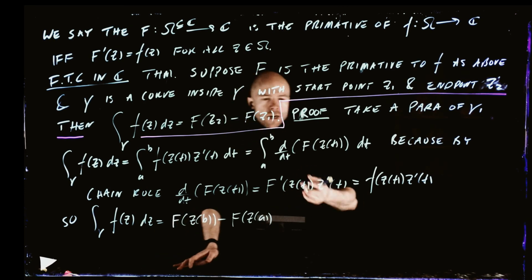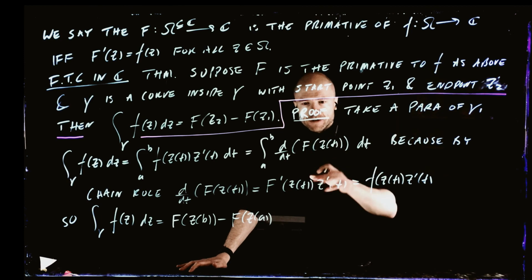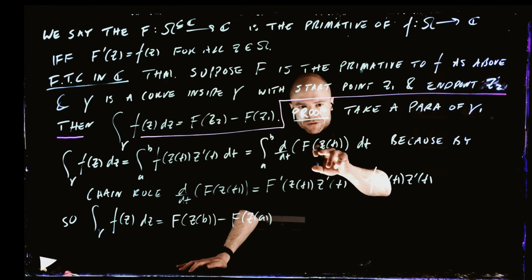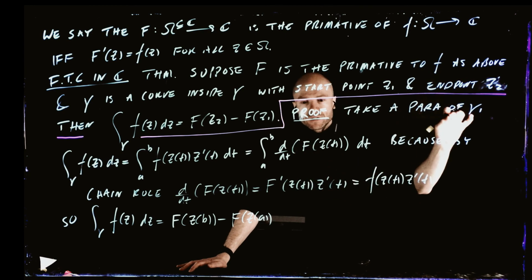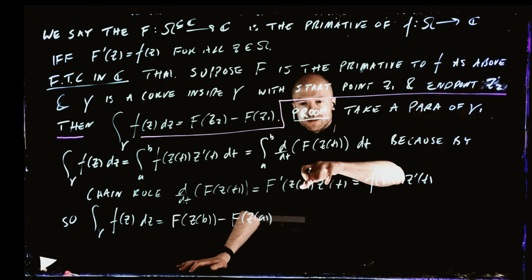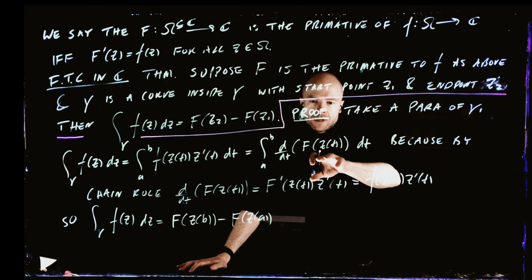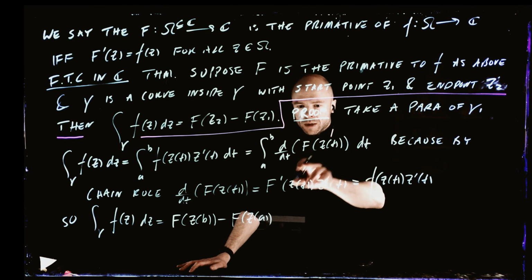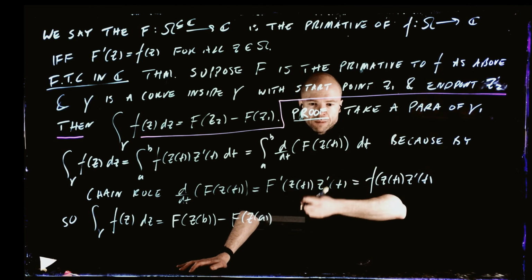And you might be slightly concerned. You're thinking, okay, but he's using the fundamental theorem of calculus, but this thing, F of z of t, is a complex valued function from the interval a, b into the complex numbers. True. But again, if you're in any doubt about this, just write out the real and imaginary components of F, and convince yourself that going from here to here, all I'm doing is the fundamental theorem of calculus on each part, the real and imaginary part.